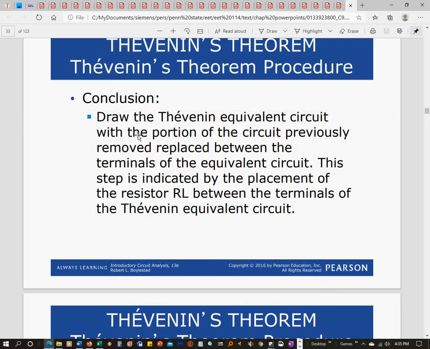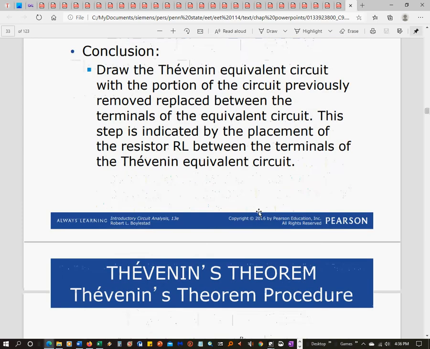And then the conclusion: draw the Thevenin equivalent circuit, which is just a voltage source in series with a resistor, with the portion of the circuit previously removed in the blue shaded area replaced between the terminals of the equivalent circuit. This step is indicated by the replacement of the resistor RL, that's the load resistor, between the terminals of the Thevenin equivalent circuit.